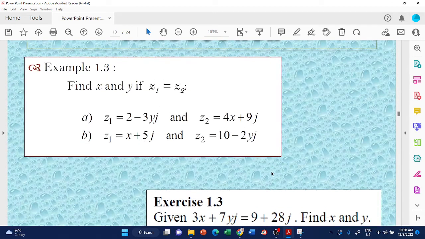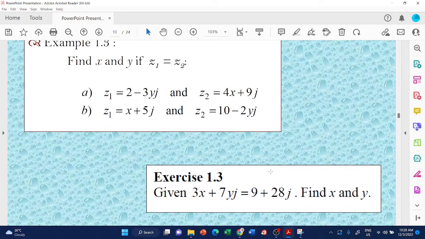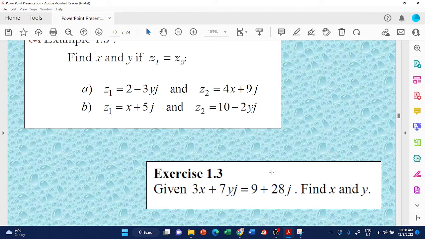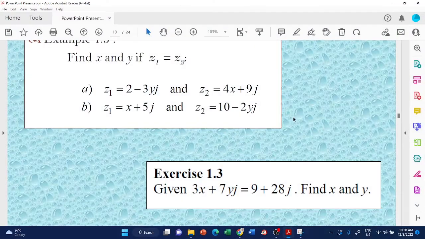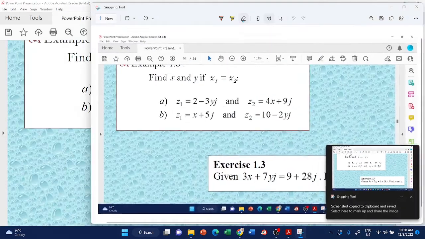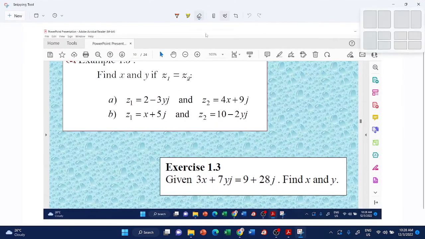Okay, kita nak tengok operation untuk complex number. Okay, so kalau nombor real, kita tambah je lah kan macam biasa. Let's say you dapat 10 tambah 20, so you dapat 30.